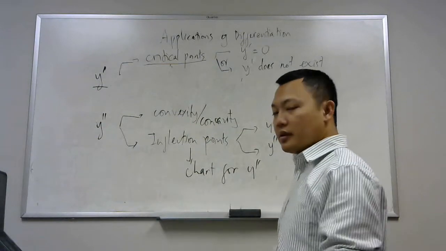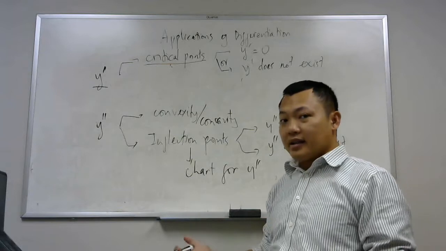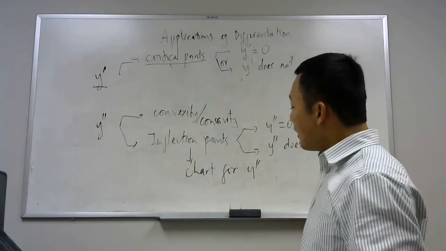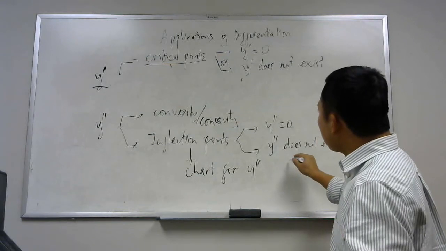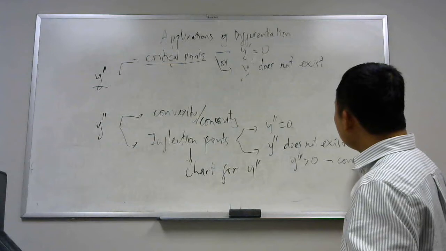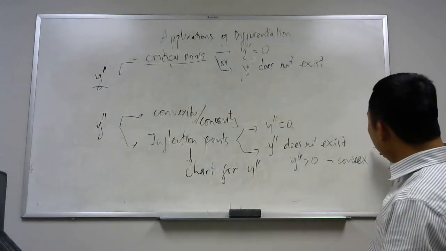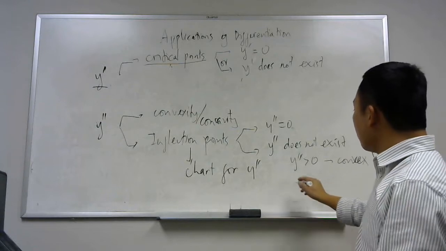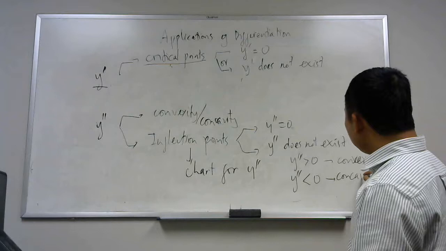for the second derivative. Again, you need to consider where the second derivative is negative, where the second derivative is positive. So let's say if the second derivative is greater than 0, the function is convex, right? Convex. So I used to write convex looks like this, and when the second derivative is less than 0, the function is concave.